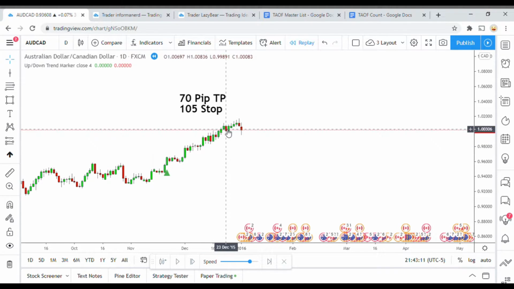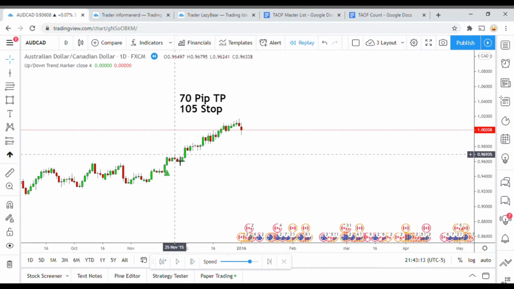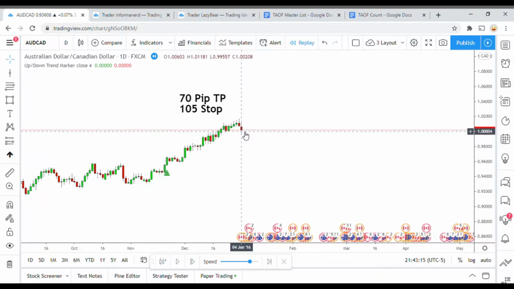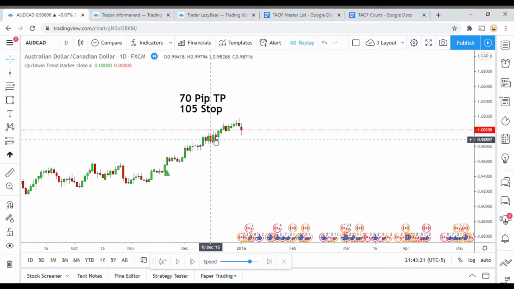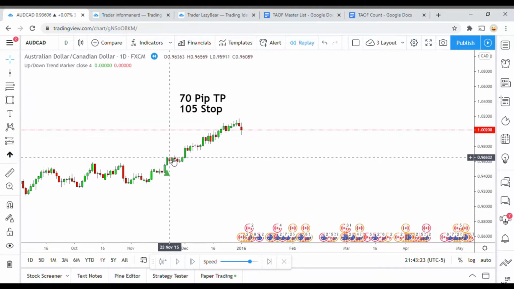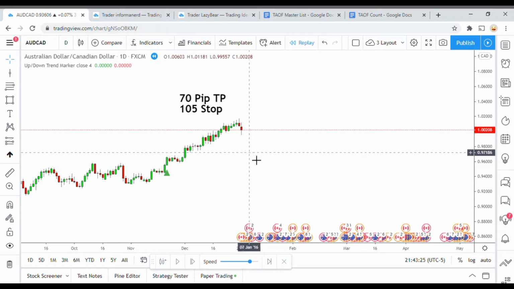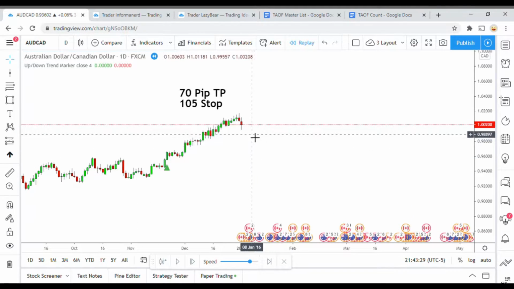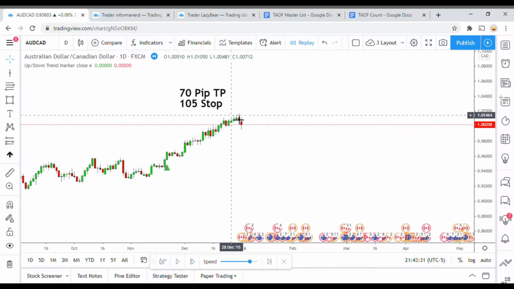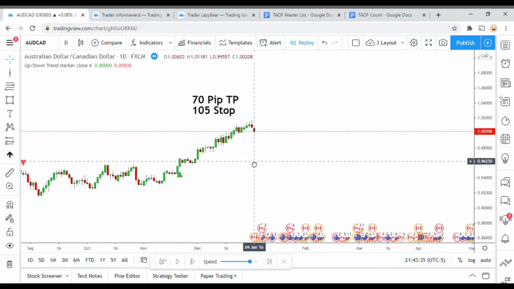You can tell price action is starting to slow down because you're having red candles that are pulling back farther than any other instance of a pullback throughout this entire cycle. And so you have a sharp decline right here. You can see that we're picking up quite a few wicks to the upside as well.